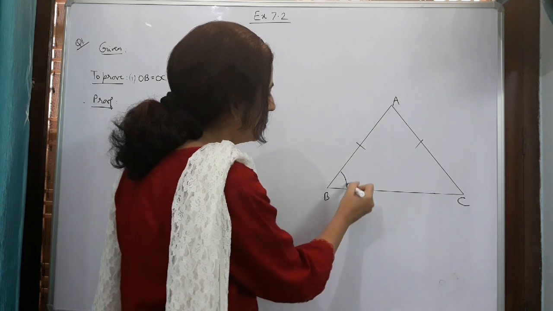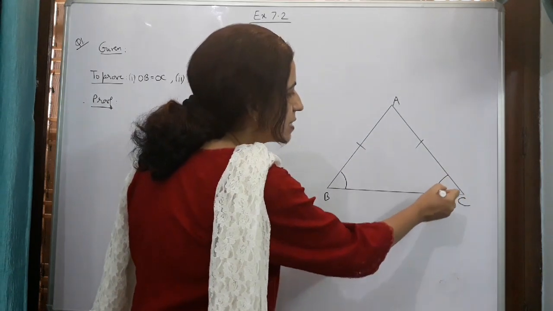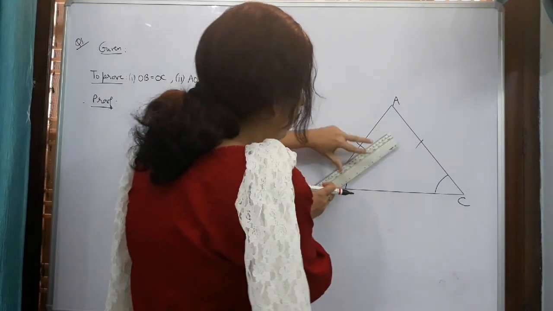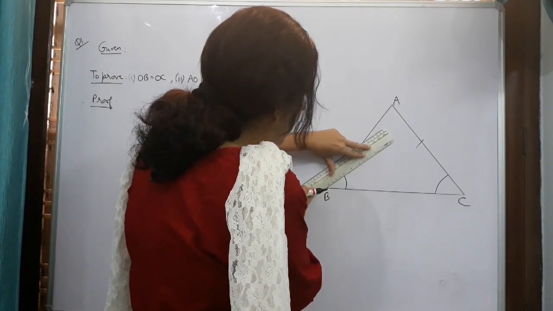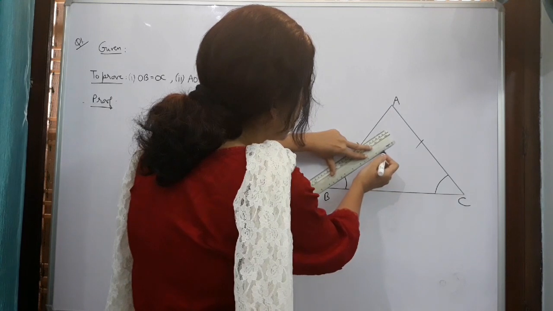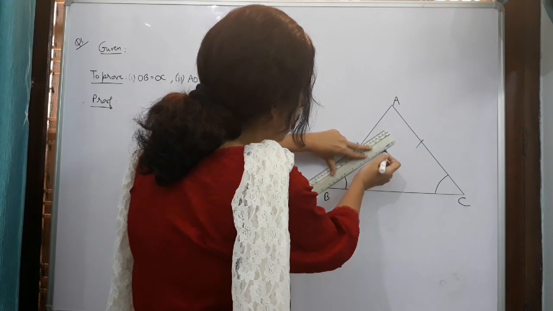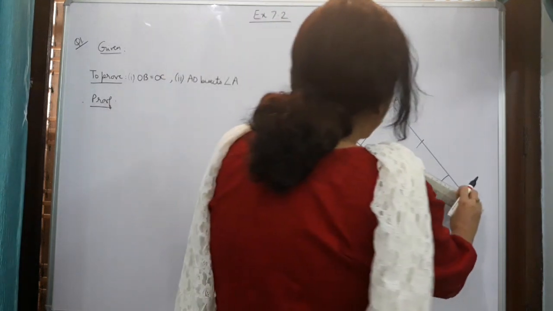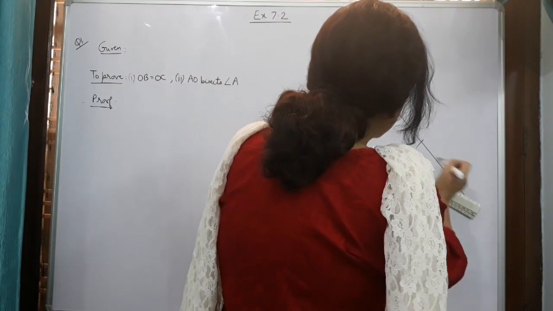This is angle B and this is angle C. We have to draw the bisectors of angle B and angle C. So over here we draw the bisector of angle B and we draw the bisector of angle C.